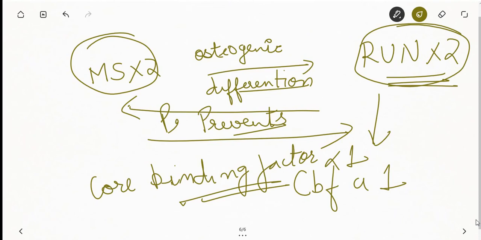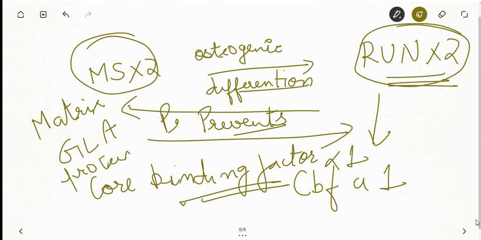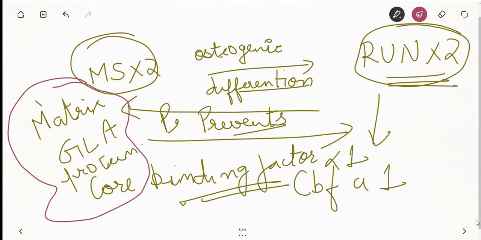The other inhibitor that is present and plays an important role in the inhibition of mineralization in the periodontal ligament is matrix GLA protein. So the matrix GLA protein is an inhibitor of mineralization.